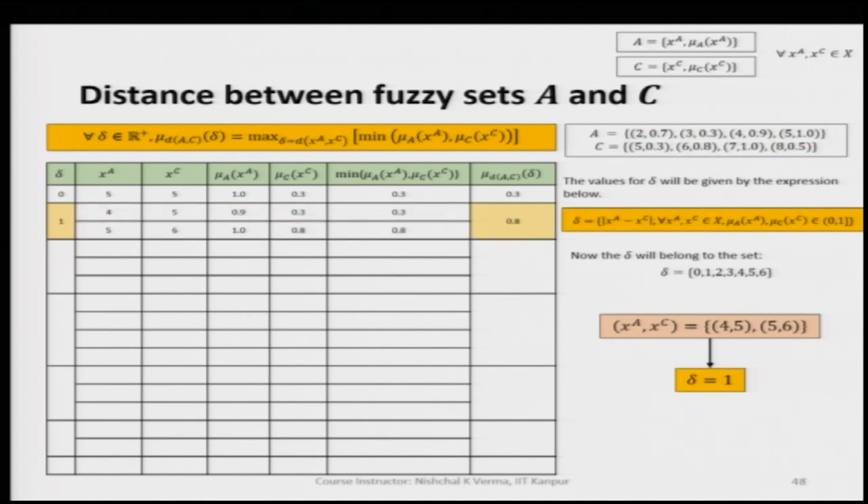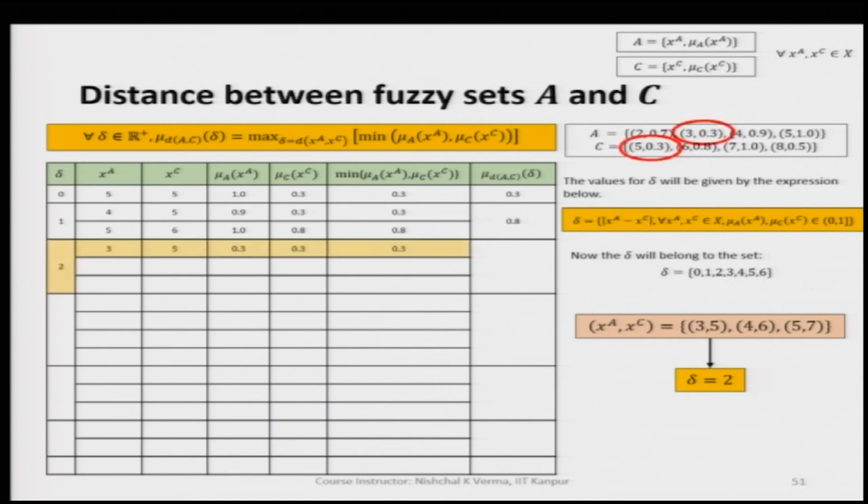Now, let us enter the values for delta is equal to 2. Let us see how many pairs we get which give us the difference of 2. We get 3 pairs: first pair, second pair and third pair, all responsible for generating the difference of 2.